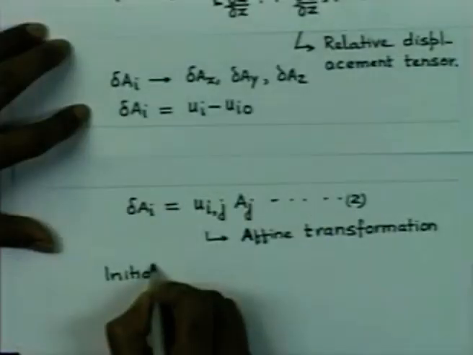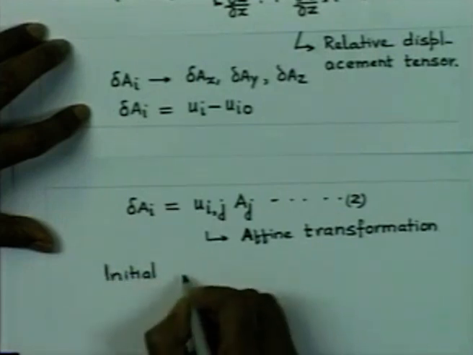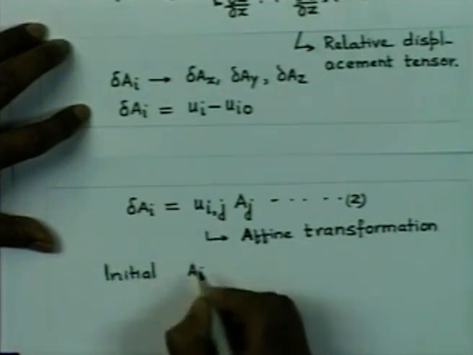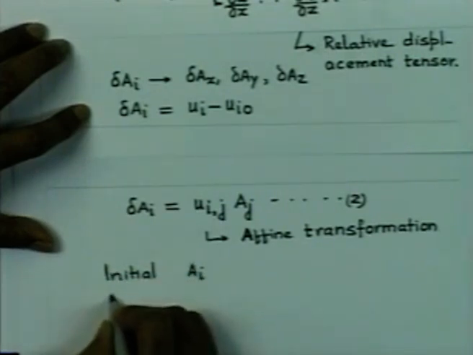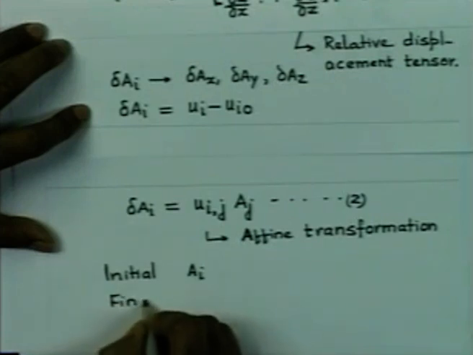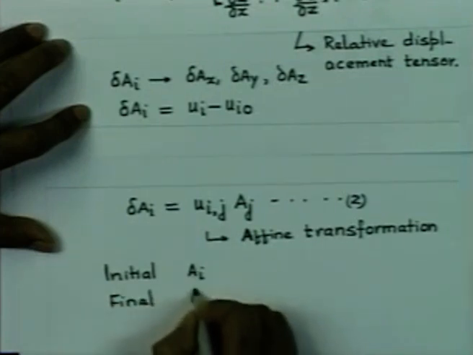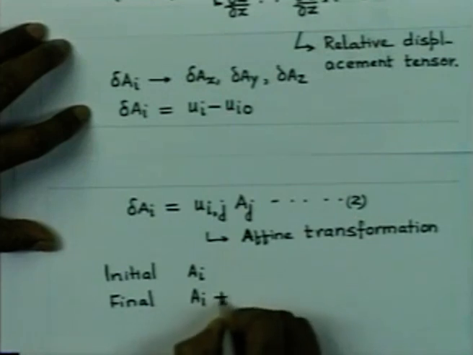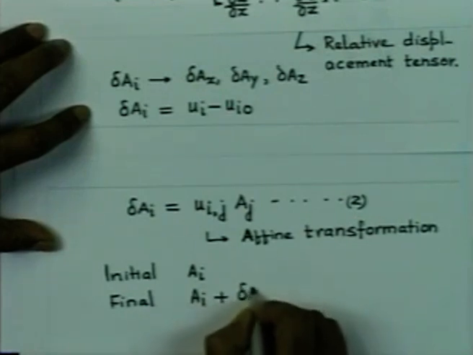So, the initial components of the distance were ai and the final components of the distance are ai plus delta ai.